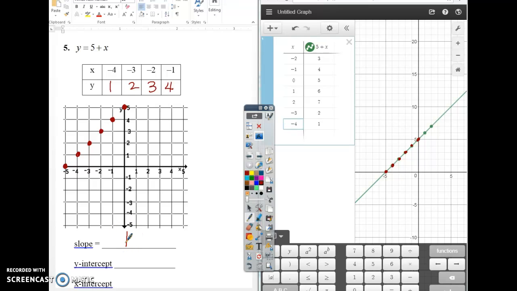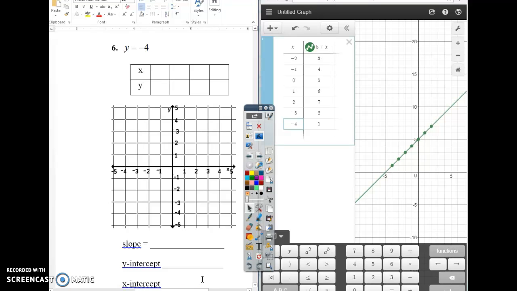The y-intercept, remember, is on the y-axis. That was this one. That's why we had 5. And then the x-intercept is on the x-axis. So what point crosses here? -5. So that's your x-intercept. Okay, so that's how we're going to do all of the problems in the front and all of the problems in the back.